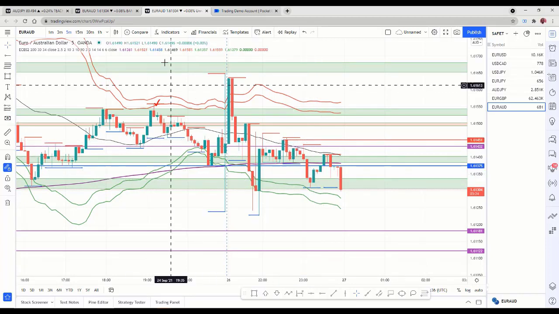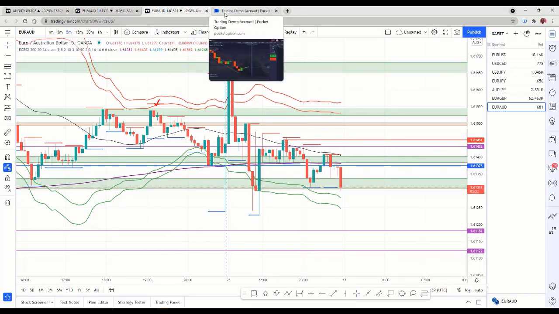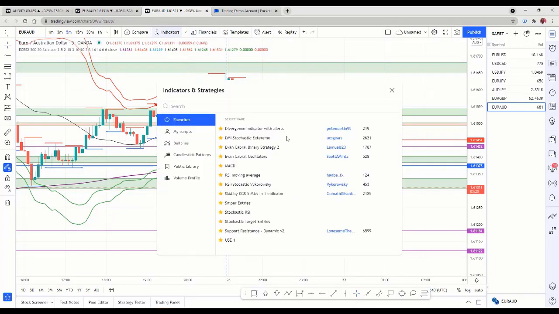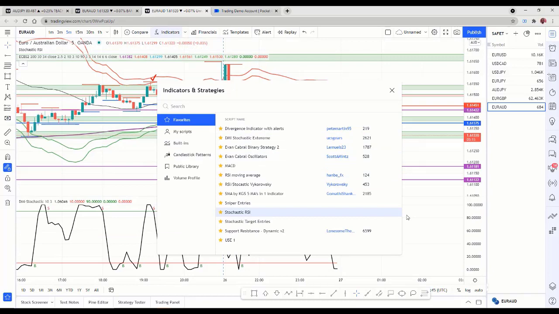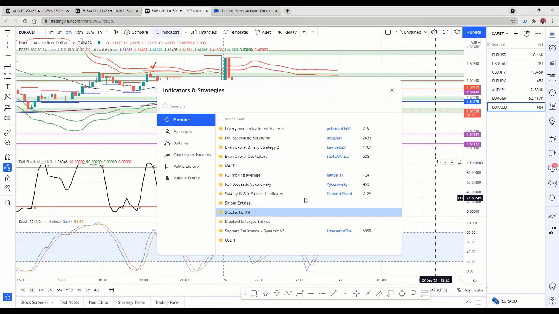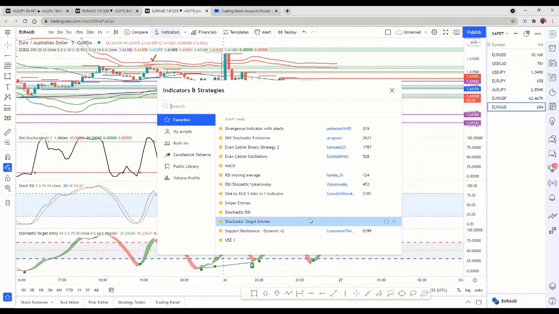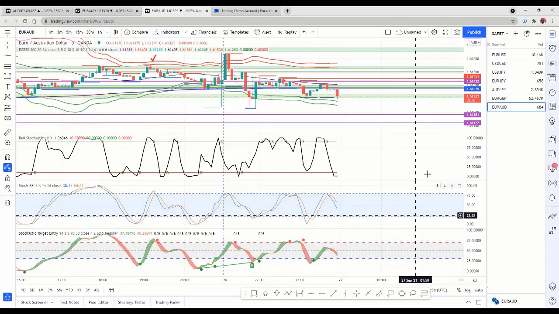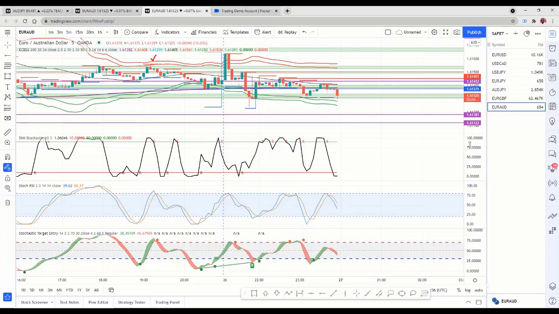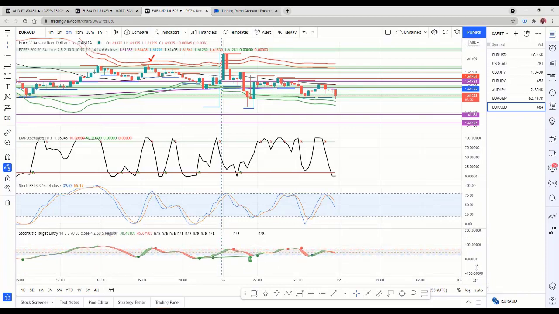Now with this I get my indicators. Which indicator am I going to use now? I use my DMI, my RSI, stochastic, target entry. Okay, and I use this. Now this is another place.